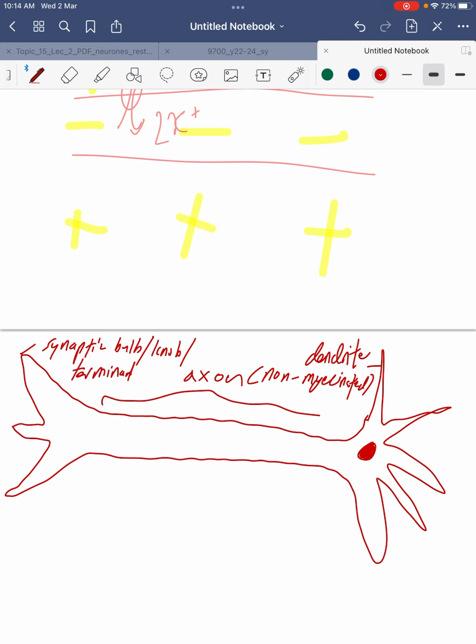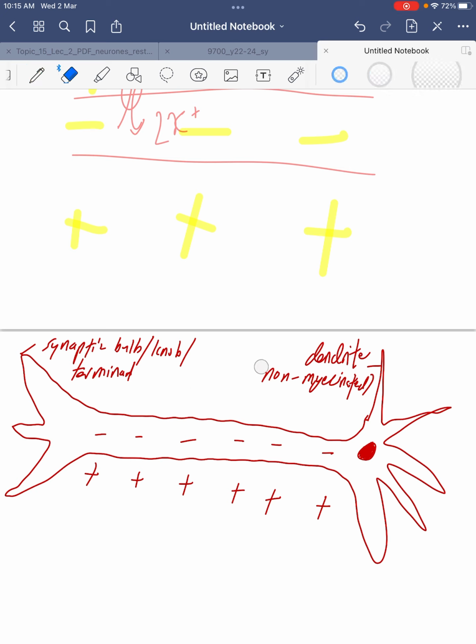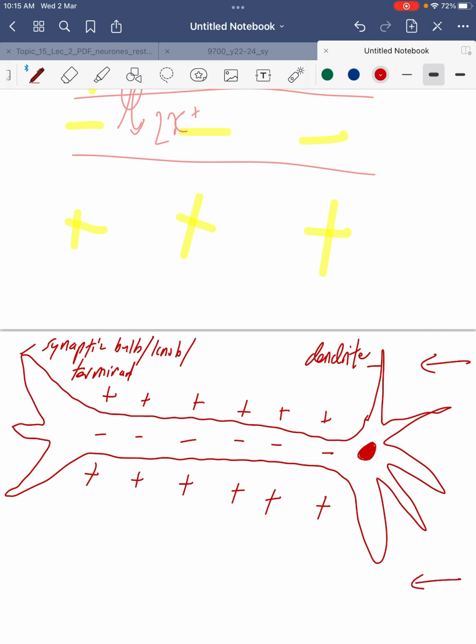Okay, so it's all negative here, and outside positive. The impulse will come from this direction because it's connected from the previous motor neuron.